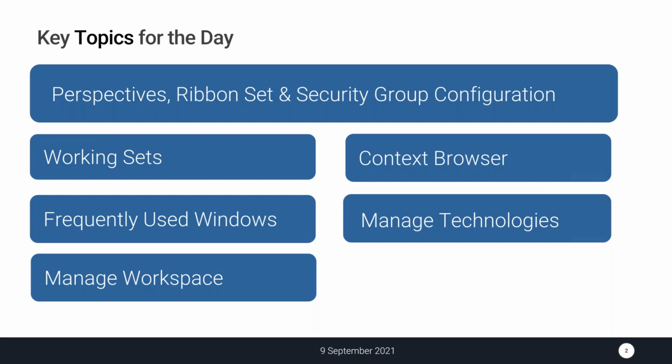Today, I would like to present a topic on how to simplify EA interfaces, which includes a group of subtopics: perspectives, ribbon set, and security group configuration in EA, working sets in EA, frequently used windows in EA, context browser, and managed technologies in EA.